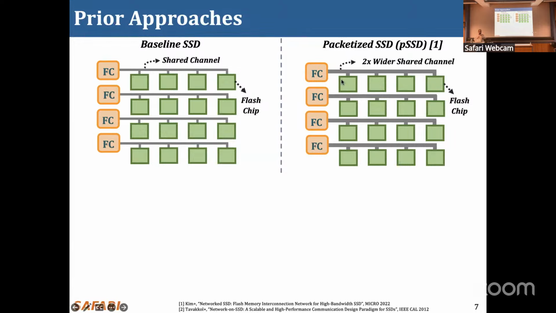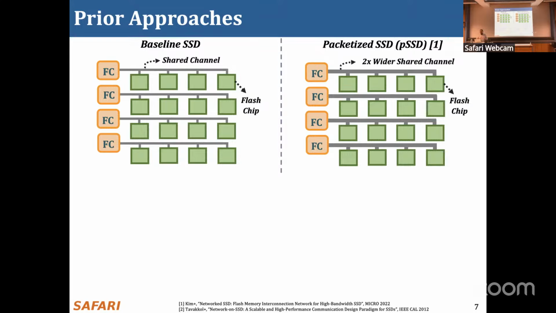So they add a controller per flash chip, which comes at an overhead of 20% or so. But then they can also reuse the control pins for sending I/O. So now they have 16 pins that they can use for sending packets, and those packets can be data packets or control packets.